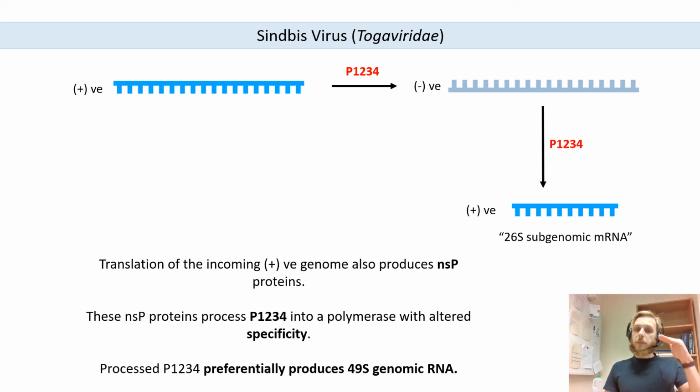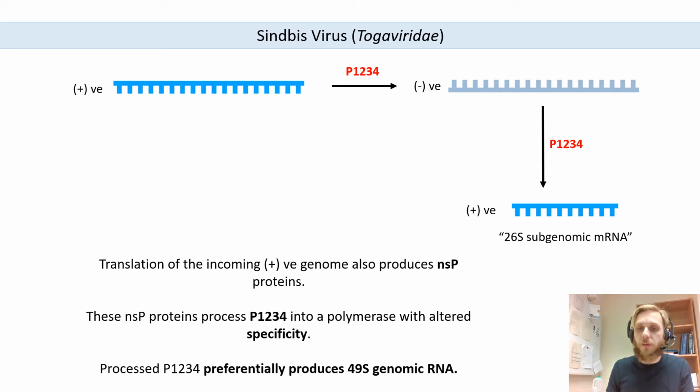Once these NSP proteins reach a certain level, these NSP proteins will process P1234, so they'll change P1234 in a way that changes its specificity.